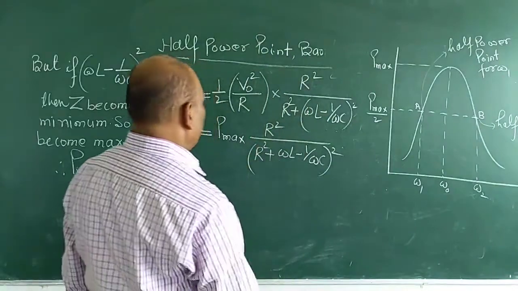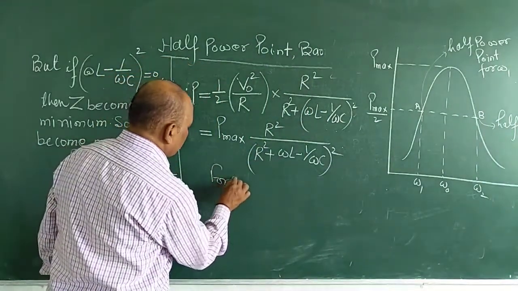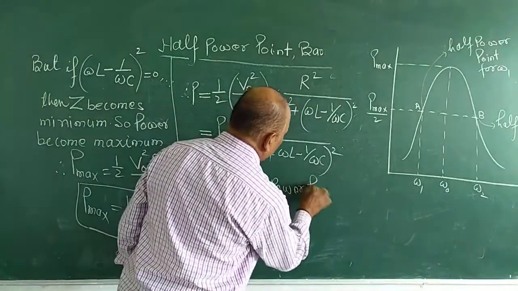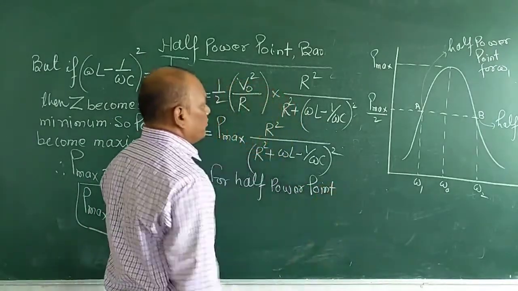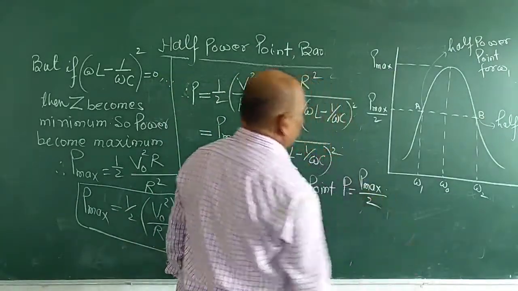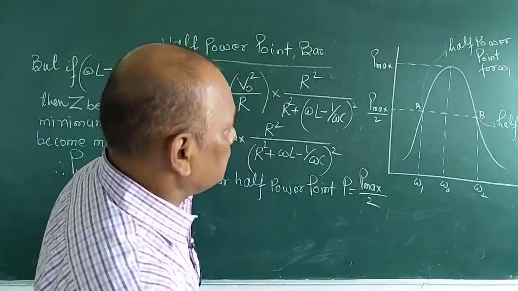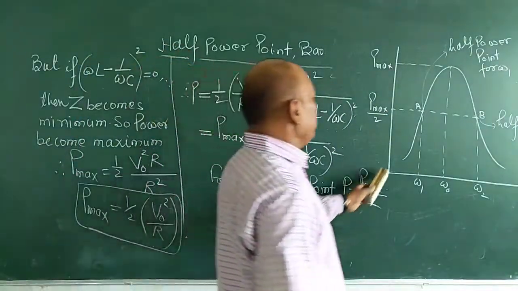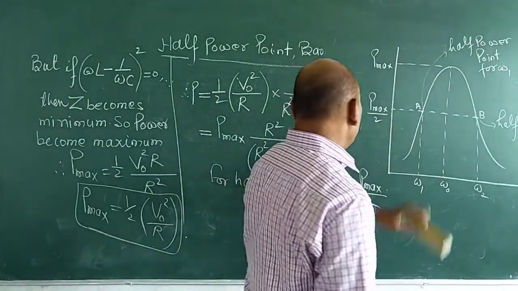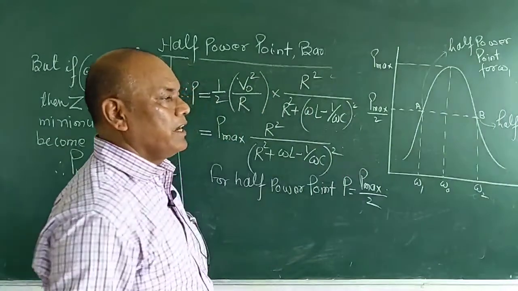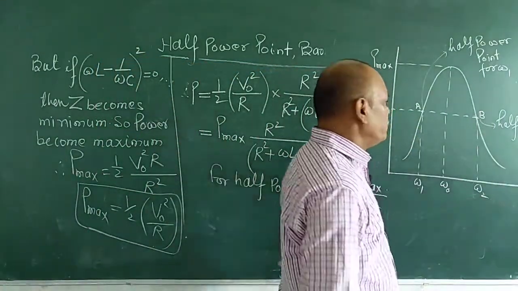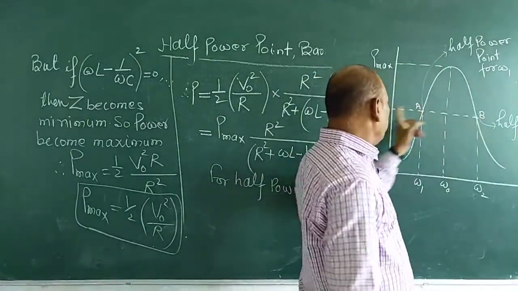Now for the half power point, P is equal to P max by 2. If from here to here it is P max, then at the midpoint it becomes P max by 2, for both the points A and B, where A is for omega 1 and B is for omega 2, and for these two points this P max will be the same.